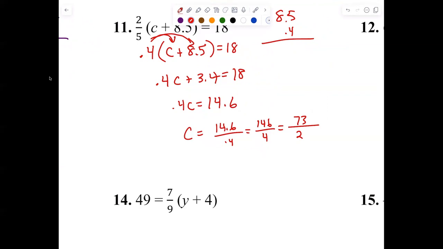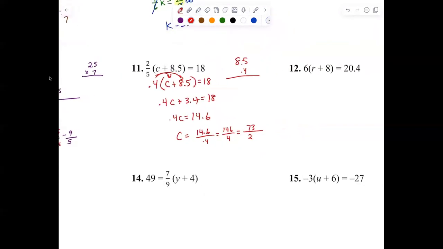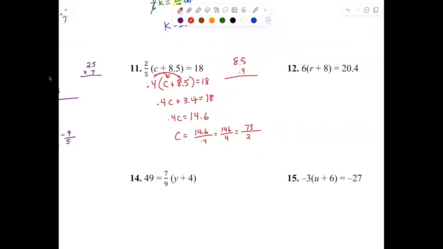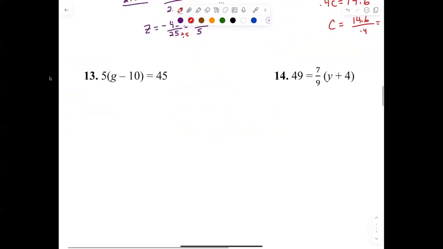We did well, because I'm looking at it and I don't really understand. What do you not understand? It equals, like, let's say, it's just distributing 6R plus 48, then minus 48. Okay. All right, Bennett, 13.